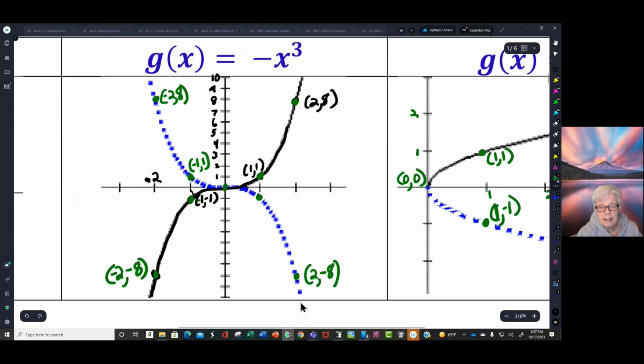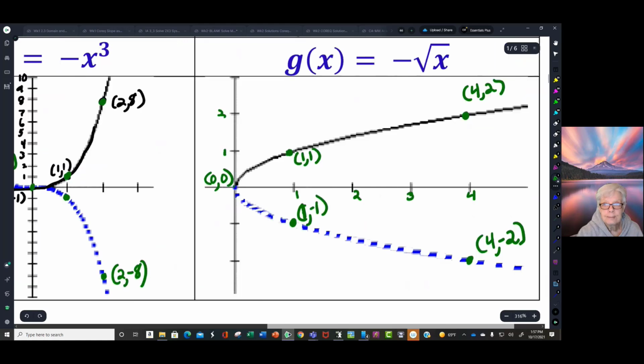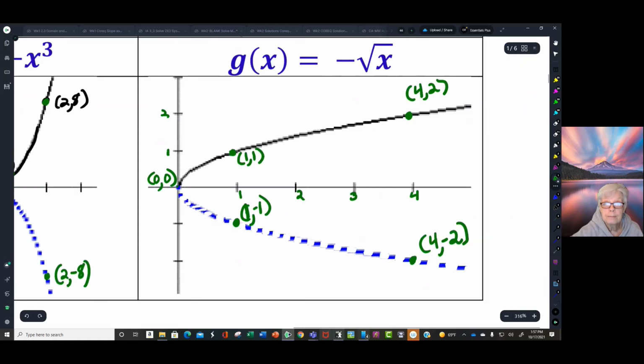There, the part below the x-axis moves above the x-axis, and the part above the x-axis moves below the x-axis. Or, the part above the x-axis moves down, the part below the x-axis moves up, because odd functions are like that. We haven't learned about that yet, but you're seeing the result.